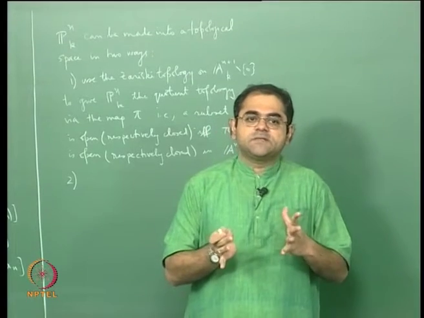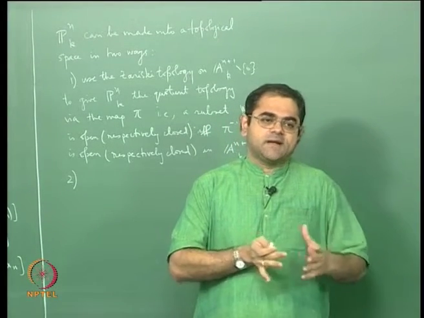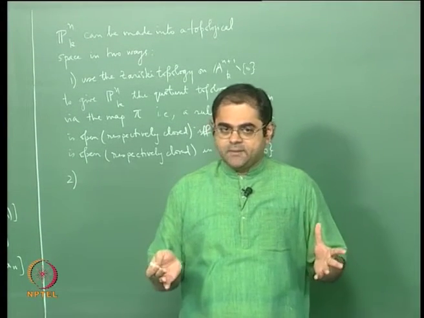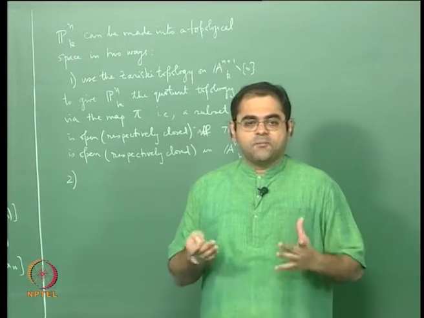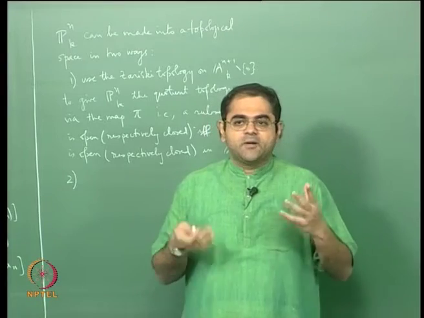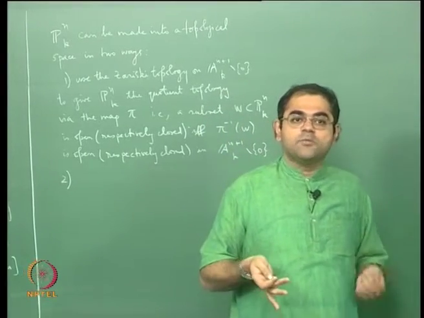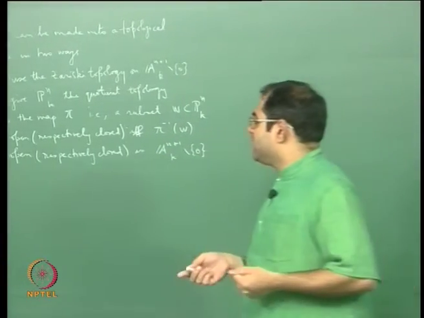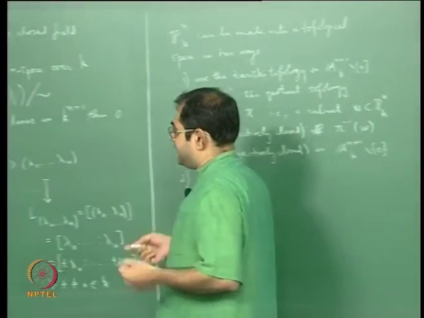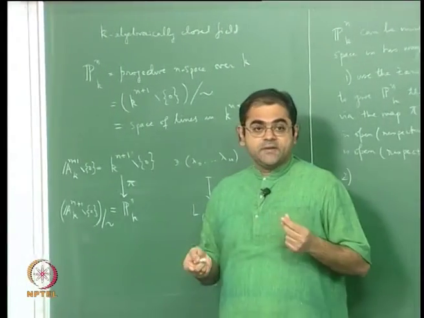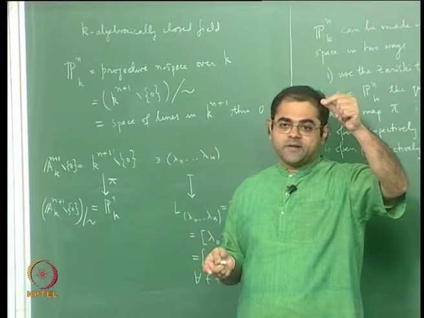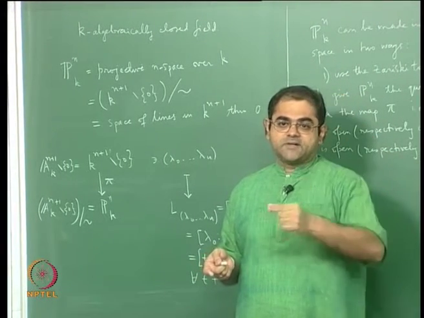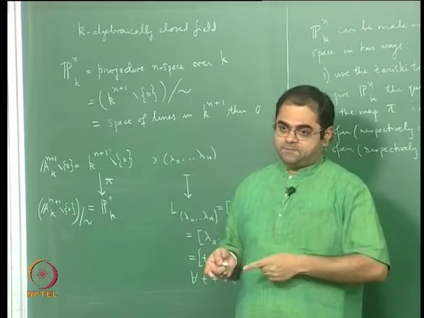Now what you do is you just adapt the same definition, okay, but now you say that you look at common zeros of a bunch of polynomials, but not just any polynomials, but polynomials that are homogeneous, okay, because if a polynomial is not homogeneous, then it doesn't guarantee that if it vanishes at one point of a line it will vanish at other points of the line passing through the origin, okay.